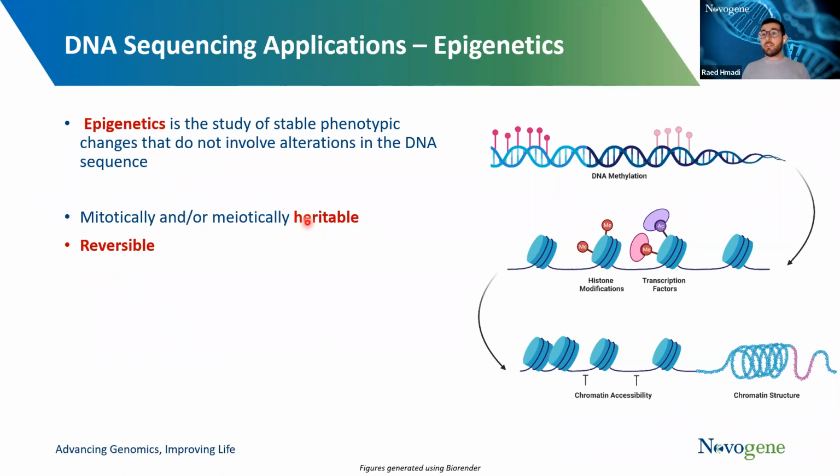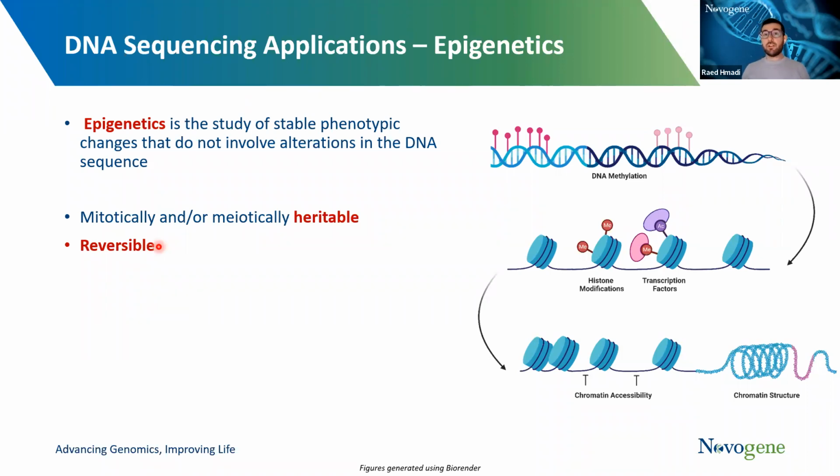In other words, epigenetic information can be faithfully transmitted from the mother cell into the daughter cells during mitosis, or transgenerationally from the parents to their offspring through meiosis. In addition to heritability, the system is reversible. In other words, any epigenetic information can be changed, modified, or even reversed at a later point in time.